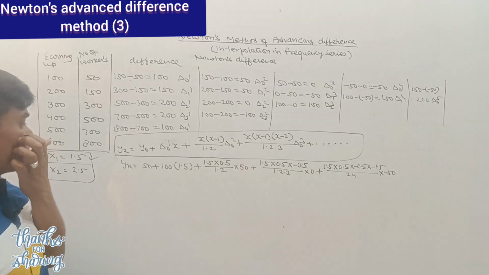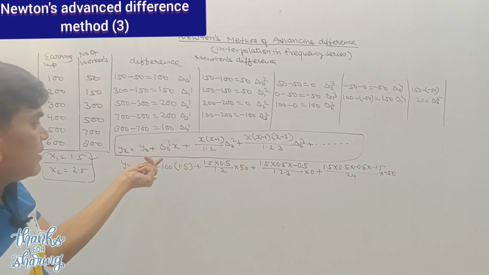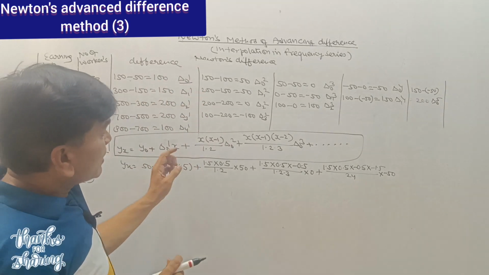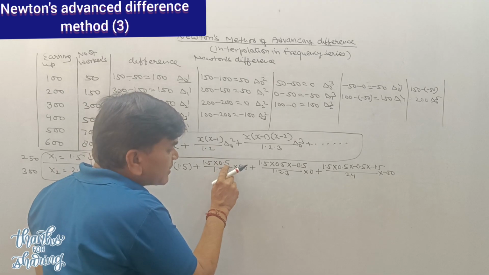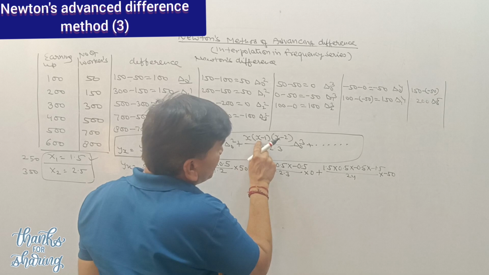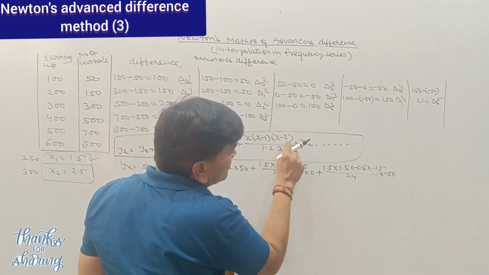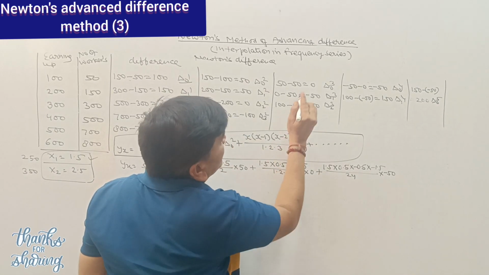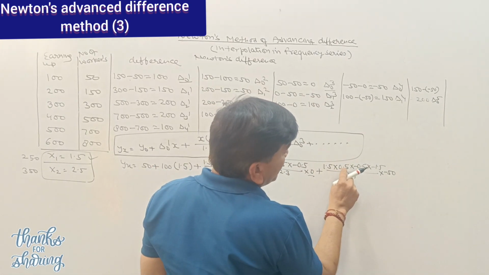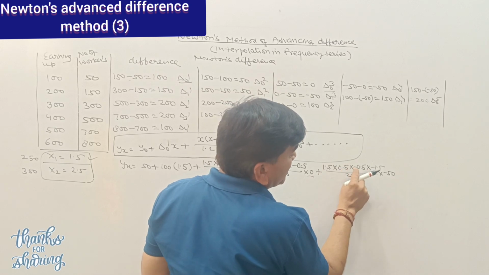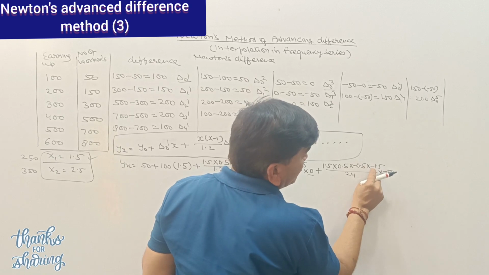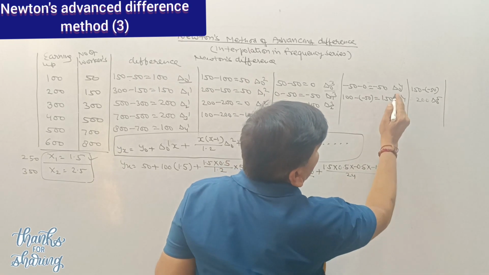What have we done? y0 is 50, delta 01 is 100, multiply 1.5, then 1.5 and 1.5 minus 1, that is 0.5, multiply 1 and 2, that is 50. Then 1.5, 0.5, minus 0.5, divided by 1, 2, 3, delta 03 is 0. Then 1.5, 0.5, minus 0.5, 1.5 minus 3 that is minus 1.5, divided by 24 multiply by minus 50.